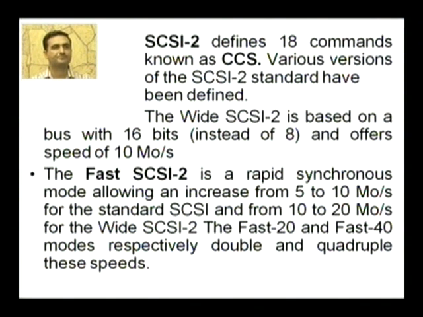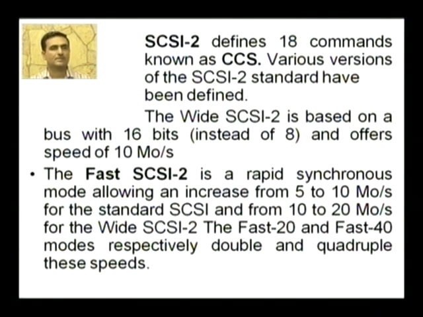And fast SCSI 2 is a rapid synchronous mode, allowing an increase from 5 to 10 Mbps for the standard SCSI and from 10 to 20 Mbps for the wide SCSI 2. The fast 20 and fast 40 modes respectively double and quadruple these speeds.